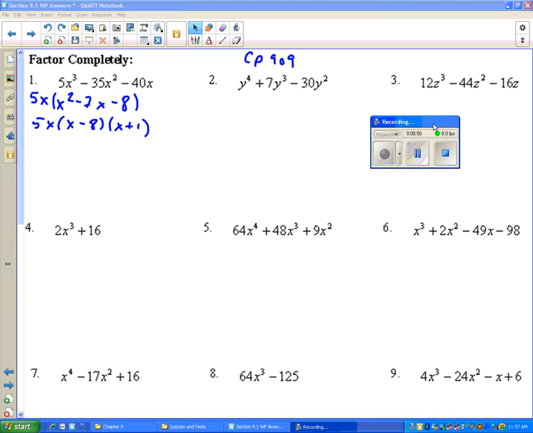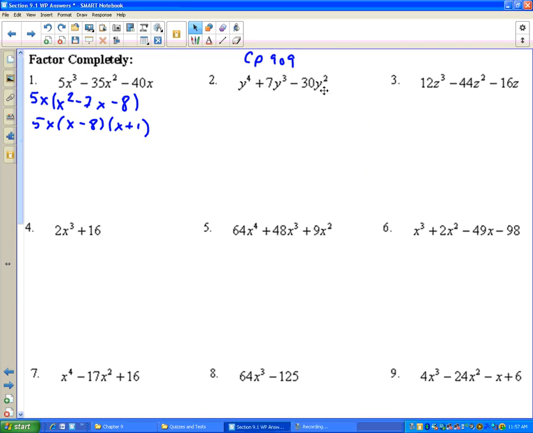Number 2, well, the first thing I notice is there is a common factor of y squared. When I pull that out, I have y squared plus 7y minus 30. Now I need to decide what multiplies to be negative 30 and adds to be 7.